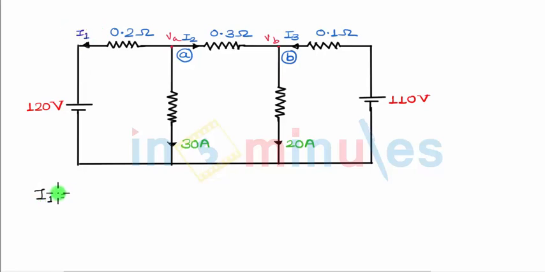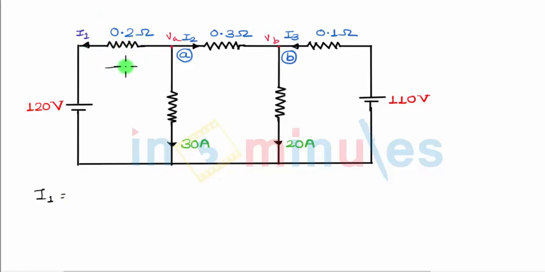So let's first look at I1. Whenever we find the value of any current, its direction plays a very important role, because if you do not consider the given direction, then you may get the correct value, but the sign of the current may not be correct. So this time I have to find I1, which is flowing towards left.